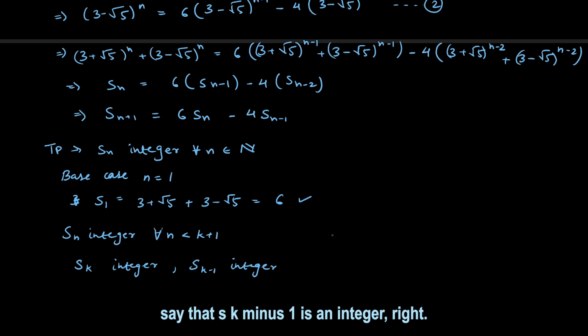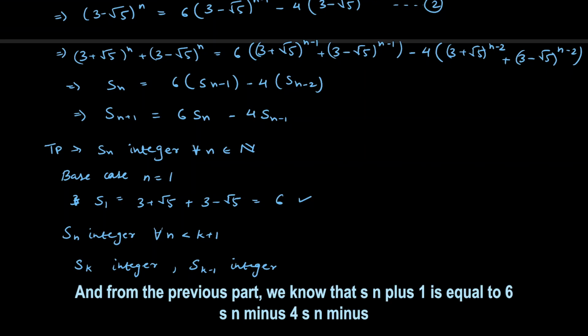And from the previous part, we know that S(n+1) is equal to 6Sn − 4S(n−1).